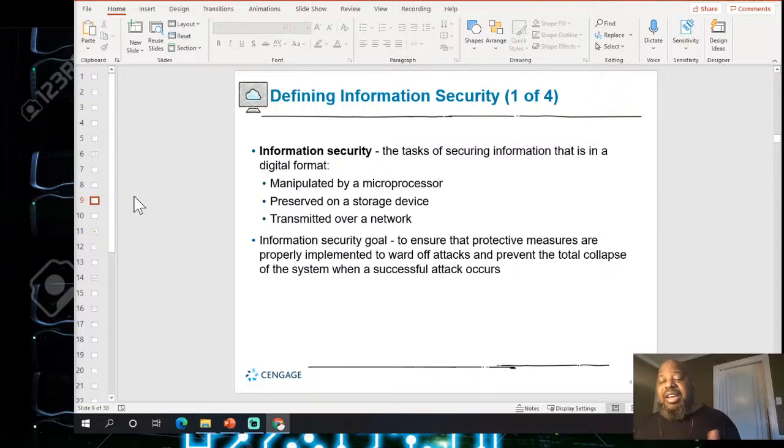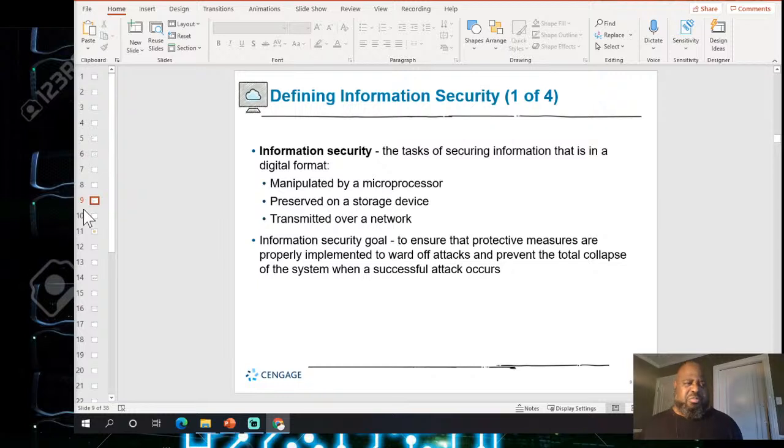If I know it's ransomware, can I block that, spin up my DR and my COOP site, and run my COOP site till I figure out what's going on in my production site? The attack has happened on my network, but I've spun up my DR site so I can continue to operate, because my malware or my Kaseya stuff is not down there. I can continue to work till I figure out what's going on with my production site, and prevent the total collapse of the system when a successful attack occurs.